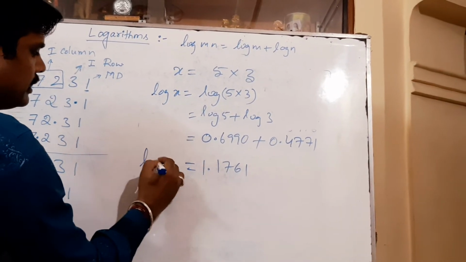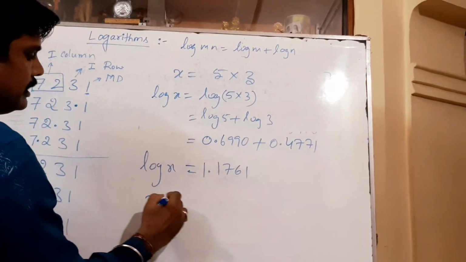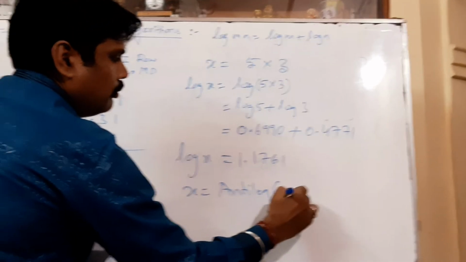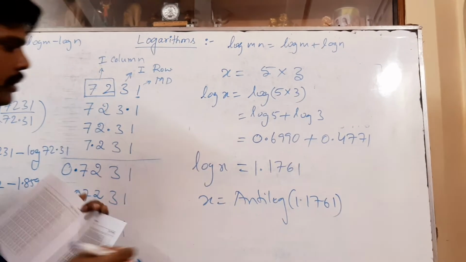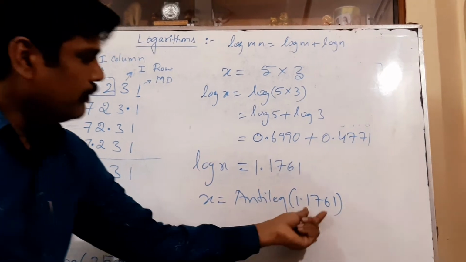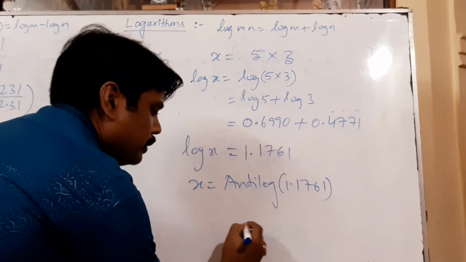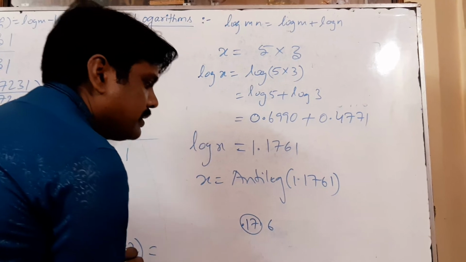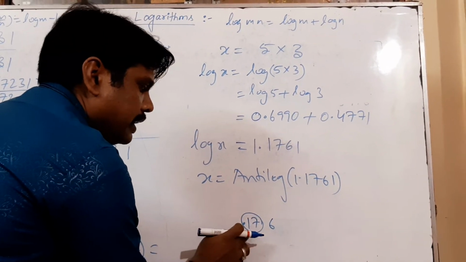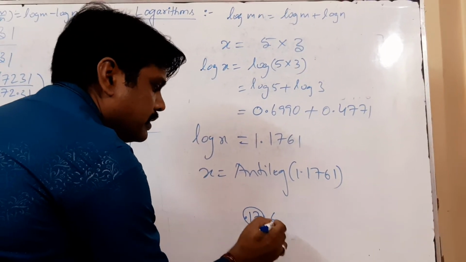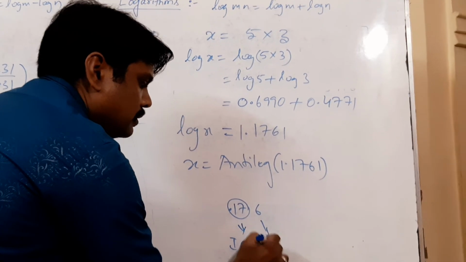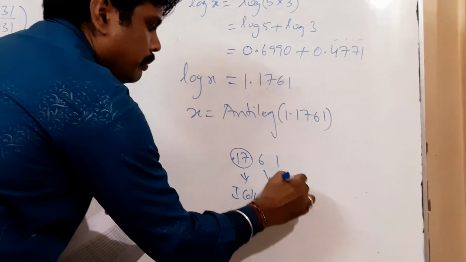So how to come out from the actual value? If log x is equal to this one, then x is equal to anti-log of 1.1761 you have to take. So for anti-log you have to see for 0.17 in the first column and the row, and 6 in the column, and 1 is in mean difference.